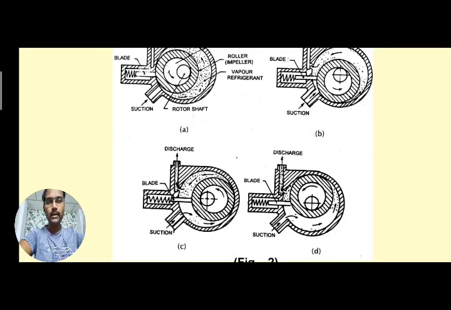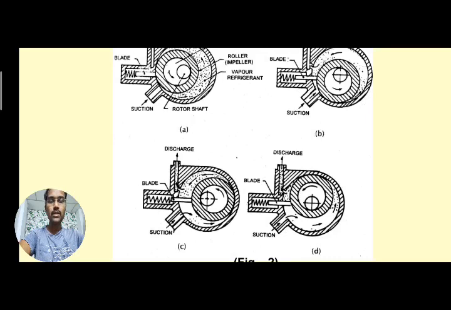Complete compression is taking place on the other side. You can see in diagrams C and D how the roller changes its position from the left side up to the top side, and then moves again, making contact at the left side.